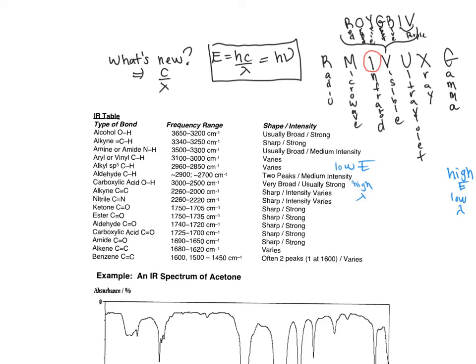All right, so red appears just before infrared, and violet appears just before ultraviolet. So infrared is right before we start to see red, ultraviolet is right after we see violet. So it's not visible. It's usually like black light is what we're thinking of for ultraviolet. So infrared is the energy source that we'll be using.